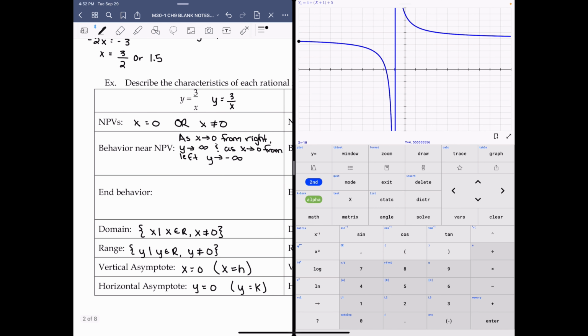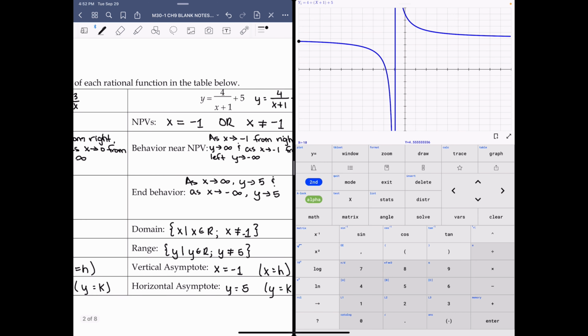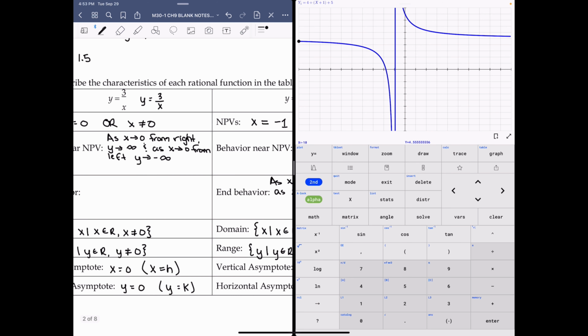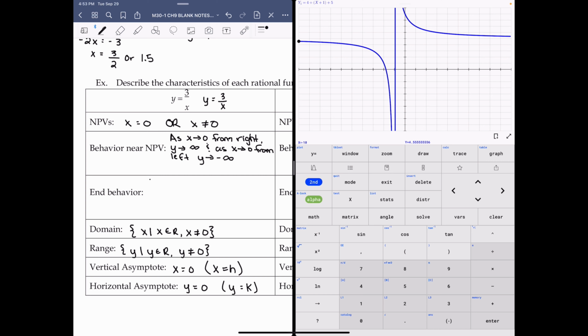Looking at our other one here, our horizontal asymptote was 0 in this case, so it would be the same end behavior as the one we just did, except instead of y approaching 5, it would be y approaching 0, because that is our horizontal asymptote. As x approaches infinity, y approaches 0, and as x approaches negative infinity, y approaches 0.